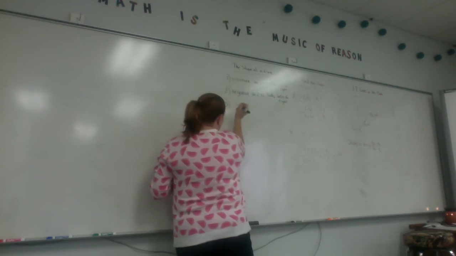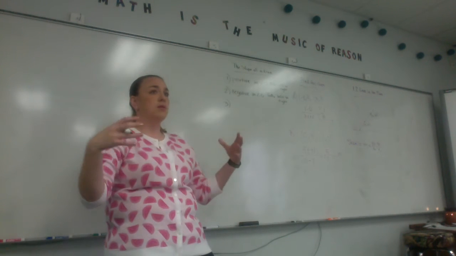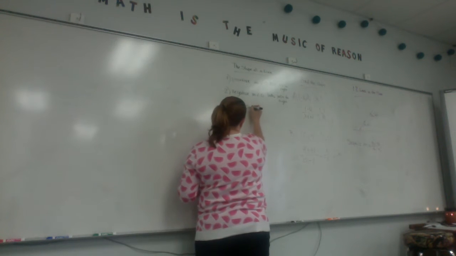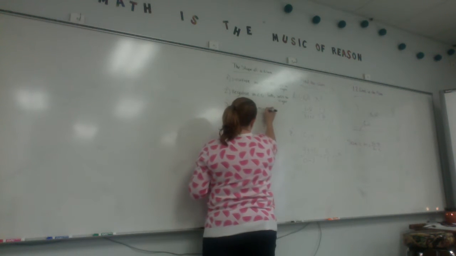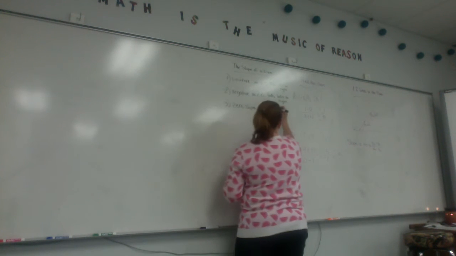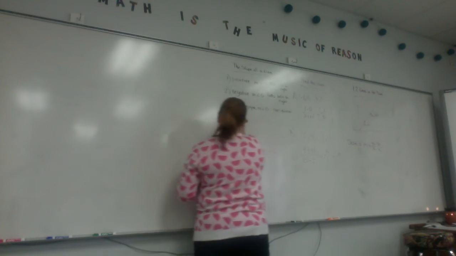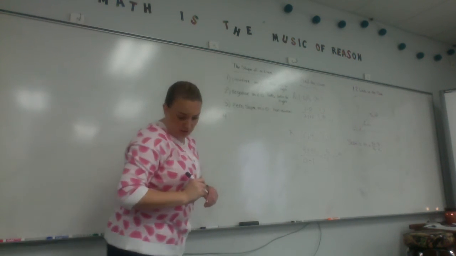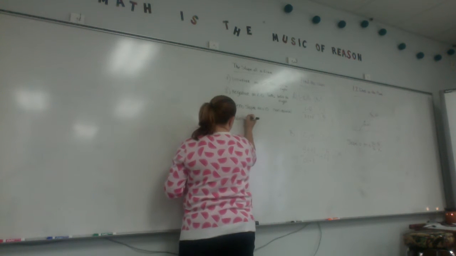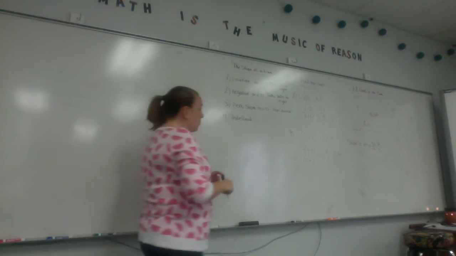The third kind is a line with a 0 slope, where the slope equals 0, and that is just a horizontal line. And then you can have an undefined slope, and that is where your line is vertical.